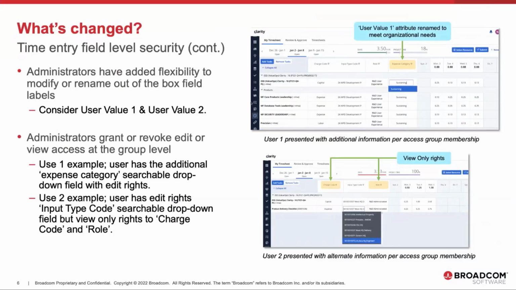And then user value 2 has a different set of fields that they have access to in the timesheet, 2 of which are not editable because they've only been granted view access. And then the middle item there is editable. So you've got that flexibility in timesheets now as well, just like you become familiar with how field level security is rolling out to all parts of the application.